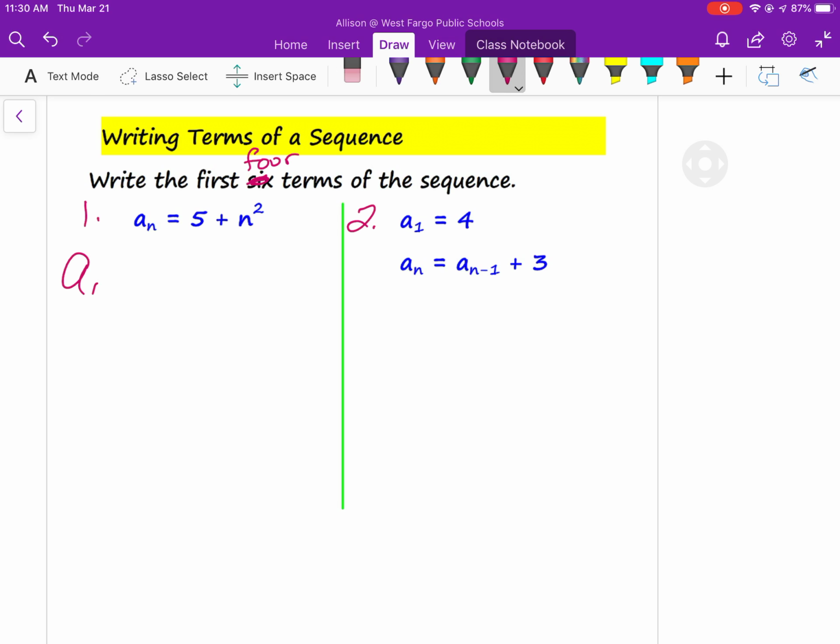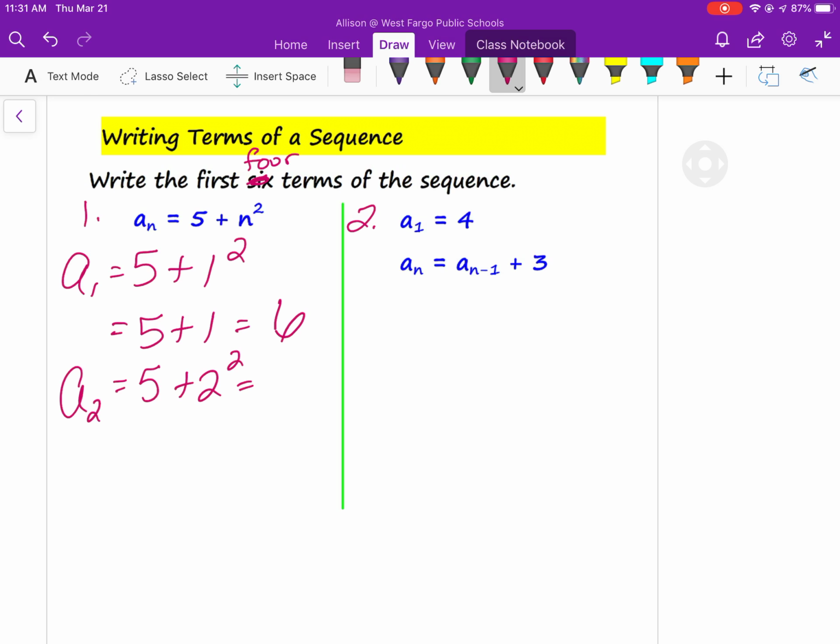For number 1, first term, plugging in 1, 5 plus 1 squared. So 5 plus 1, or 6. Second term, 5 plus 2 squared, be 5 plus 4, which would be 9. Third term, 5 plus 3 squared, be 5 plus 9, which is 14.